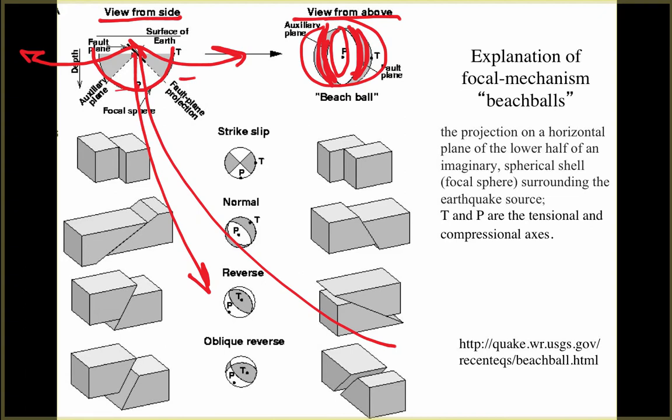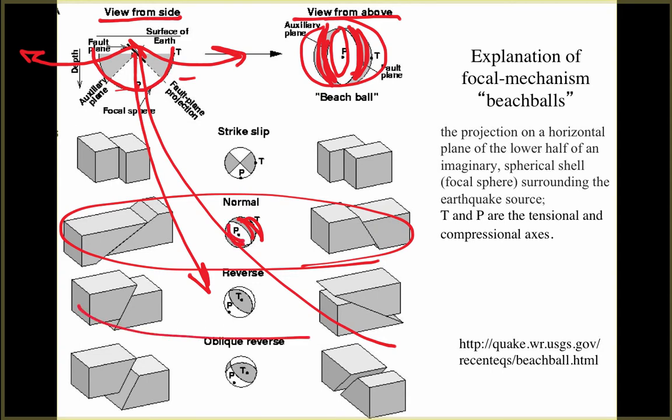For the normal fault or extensional fault, we see a beach ball with compressional patterns in the centre and extensional patterns on the margins. The reverse fault or thrust fault has the opposite pattern, where now we have compressional patterns on the margins and extensional patterns in the centre.